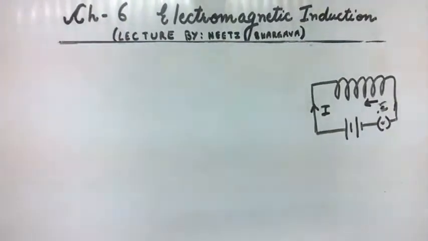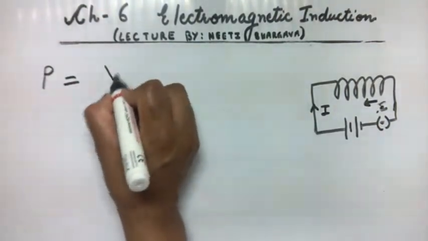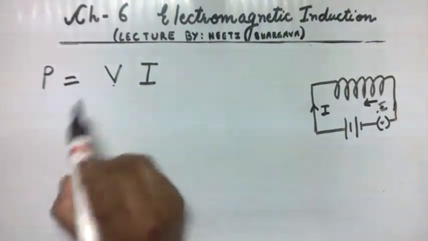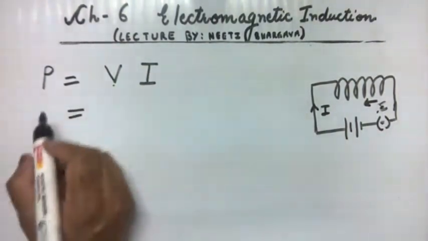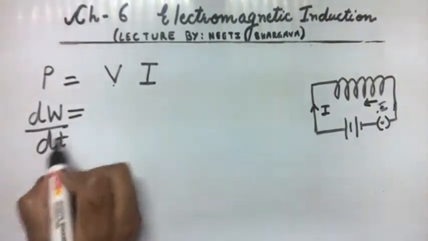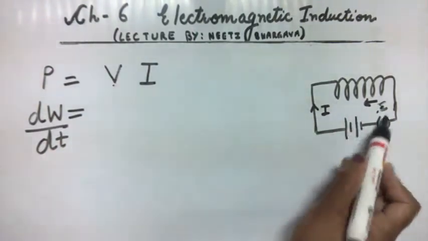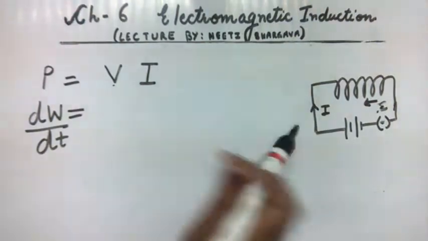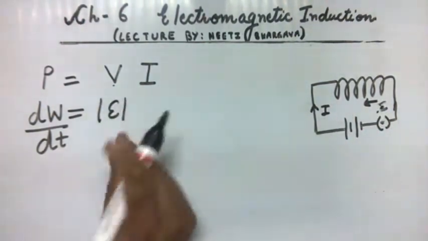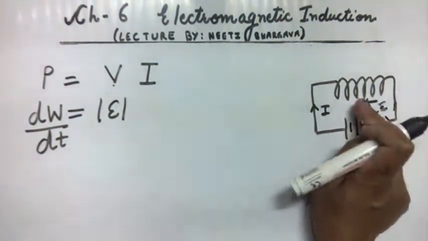As we know, electrical power is equal to potential difference into current, or power is the rate of doing work, dW by dt. Here this potential difference is equal to the magnitude of the back induced EMF, which is opposite to the EMF produced by this battery, known as back EMF.